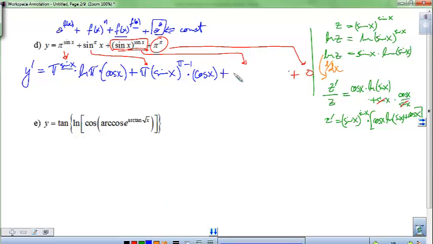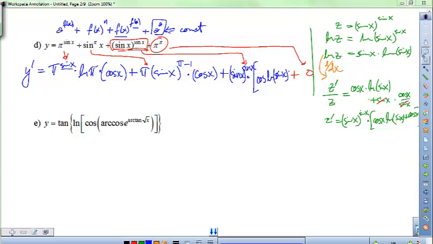If we write small enough, it can fit. Sine x raised to the sine x power times exactly what I just said earlier, and that would be cosine x ln of sine x. Okay, we're out of room.